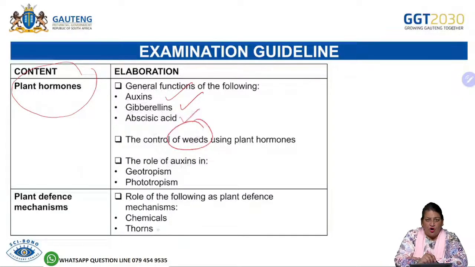So the 3 hormones are auxins, gibberellins, and abscisic acid. Then how do hormones act as herbicides or weed killers? And then the role of auxins in geotropism and phototropism. That's where our experiments come in, and we're going to look at how plants defend themselves against predators using thorns and chemicals.